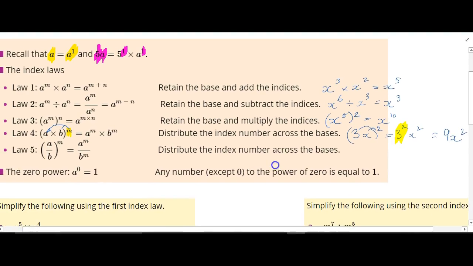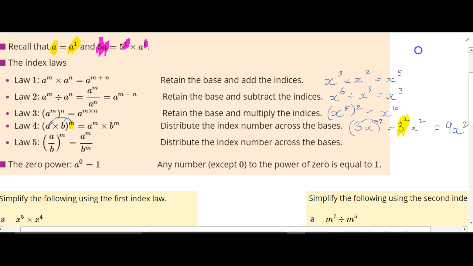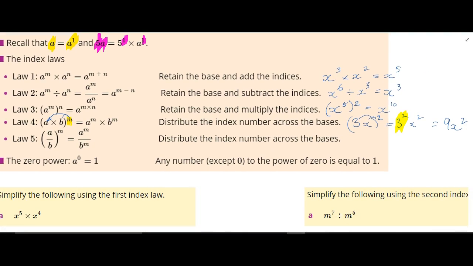Law 5 is the quotient rule. Quotient means to resolve a division problem. If you have any fraction raised to a power, the power gets distributed to the top and the bottom numbers or pronumerals. So for example, if I had x over 3 all to the power of 3, that 3 belongs to the x and the 3 on the bottom.